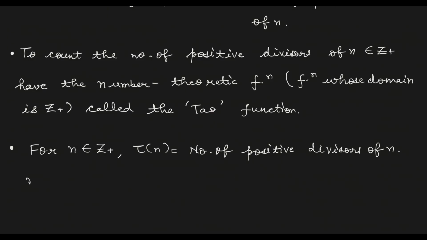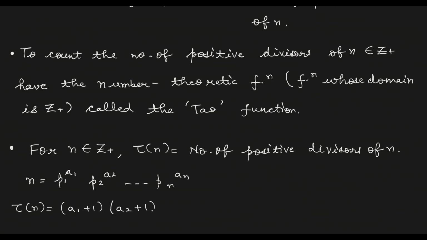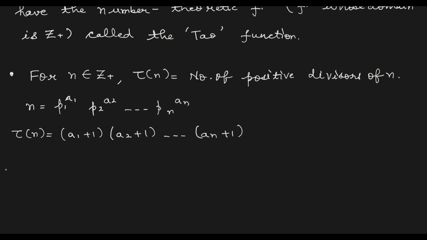If we write n in the form of prime factorization, p1 to the power a1, p2 to the power a2, and so on till pk to the power ak, then tau n is simply (a1 plus 1) into (a2 plus 1), and so on till (ak plus 1). Simply, we add 1 to each of the powers and multiply. For example, find the number of subgroups of Z30.